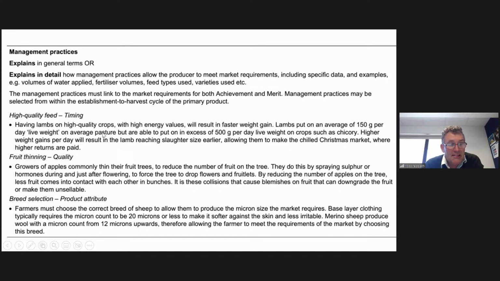How do we actually get lambs ready for that time? Basically, it's looking at the actual feeding of them, allowing them to grow really, really quickly, more than 400 or 500 grams per day, and therefore they'll get to that slaughter size earlier. Here, to be fair, the candidate actually said what that slaughter size is, maybe a 38 kilogram live weight, 18.5 kilogram carcass weight, is what slaughter size the market actually requires.